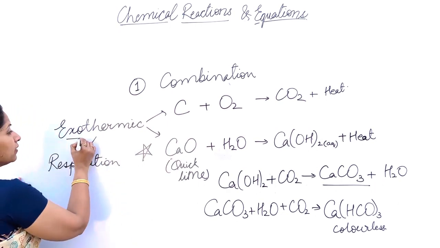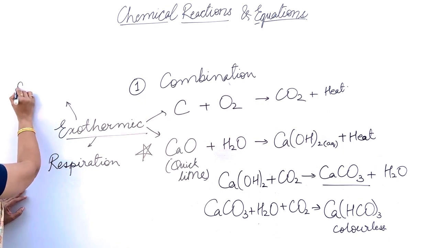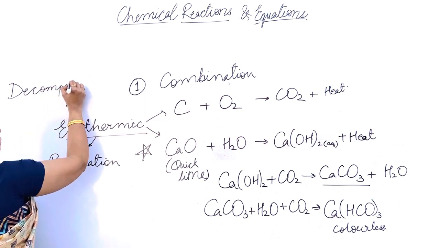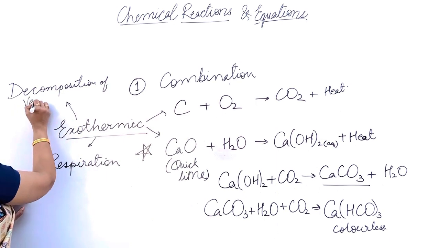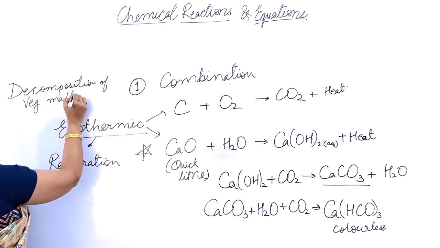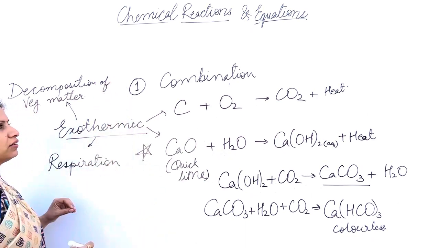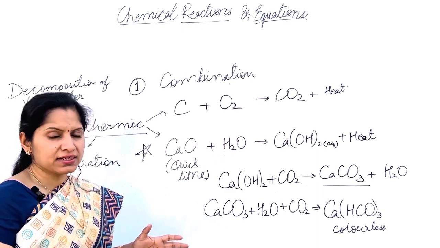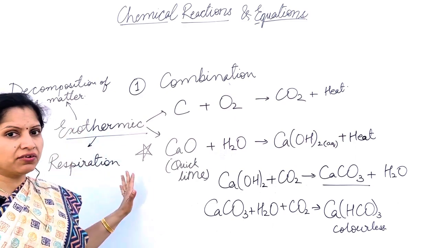Apart from that, decomposition of vegetable matter is also an example of an exothermic reaction. Whenever you are forming compost or manure and you leave some vegetable matter to decompose, if you touch that vessel, you will find that the temperature has increased, because the decomposition of vegetable matter is also an exothermic reaction.